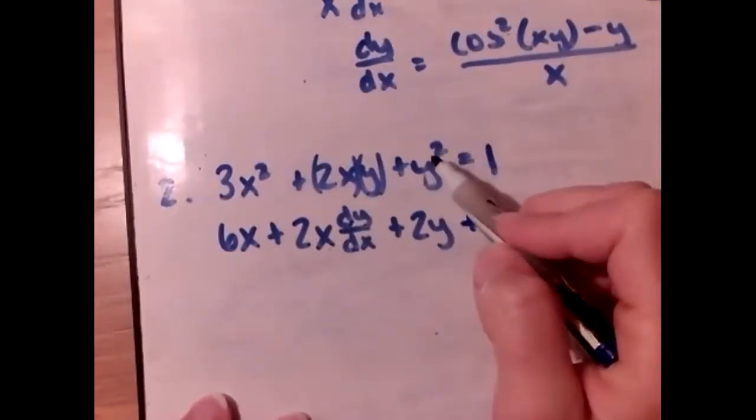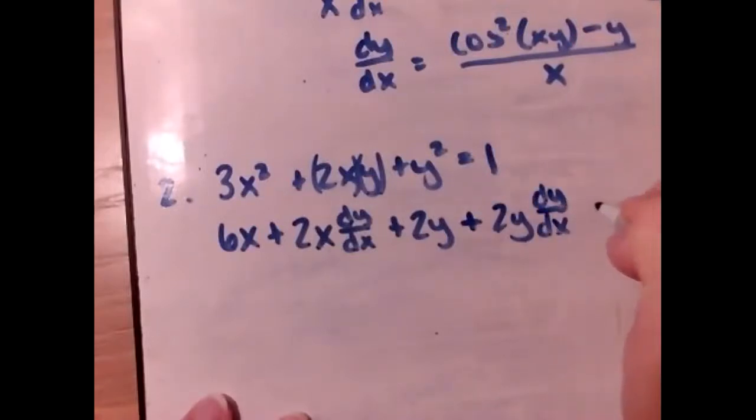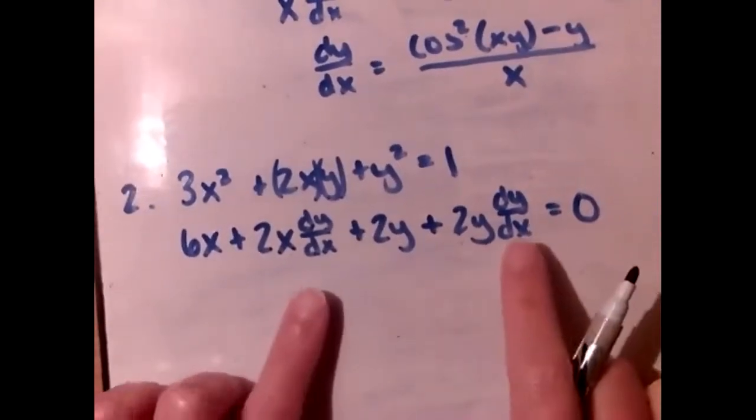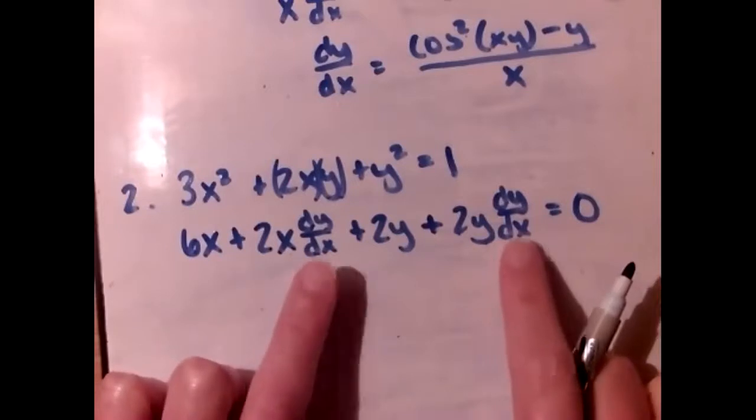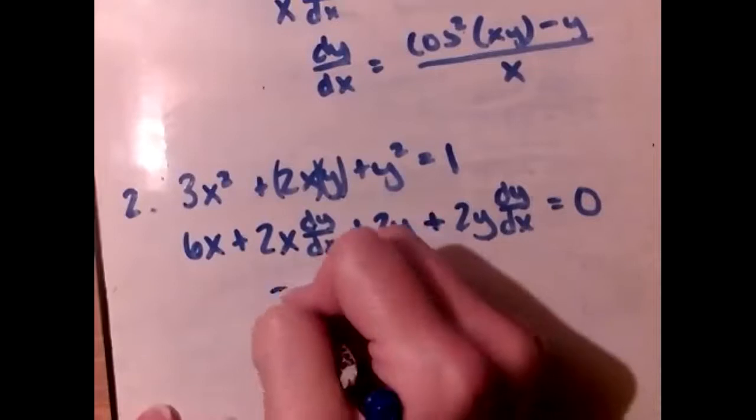All right, plus, and then this derivative will be 2y dy/dx, and then derivative of 1 will be 0. So now we need to get dy/dx by itself. I'm going to leave these two terms here and subtract both of these to the other side.